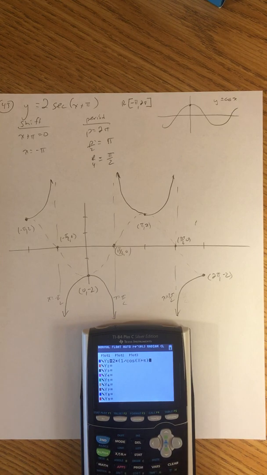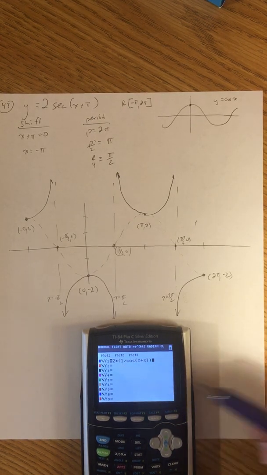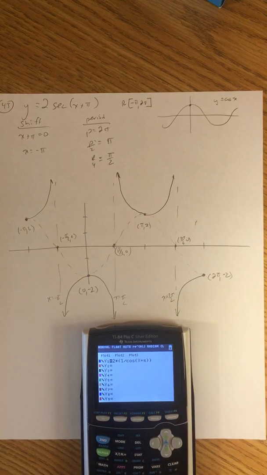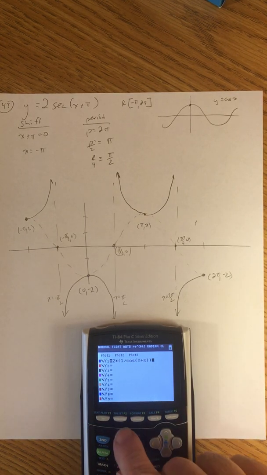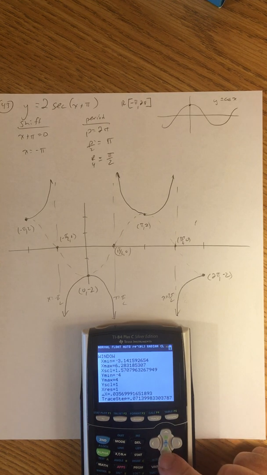Now, I've come to the conclusion over the years that it's easiest to just put this part in parentheses and just keep it 1 divided by. And then if you have to multiply it by something else, you multiply it by something else. Okay, our window, I don't believe, has changed. Maybe we should go to negative 5 to 5 here.